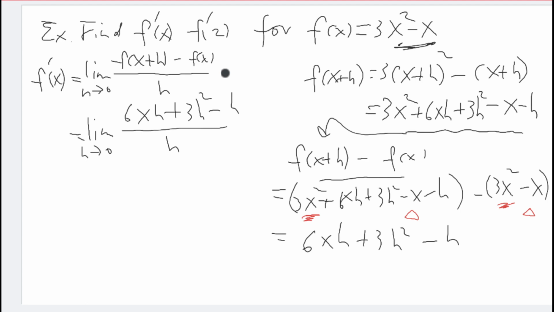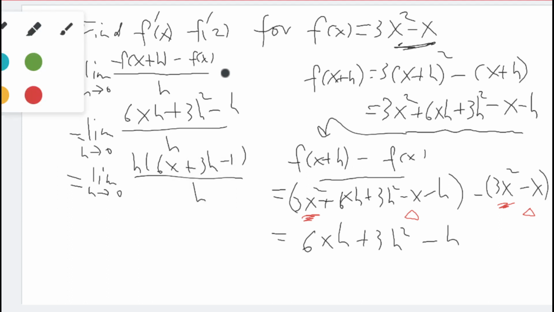Okay, so how do we evaluate the limit? Well, h goes to 0, the denominator becomes 0, so on top, I'm going to first factor out h: h times 6x plus 3h minus 1. This way, we can cross out h.